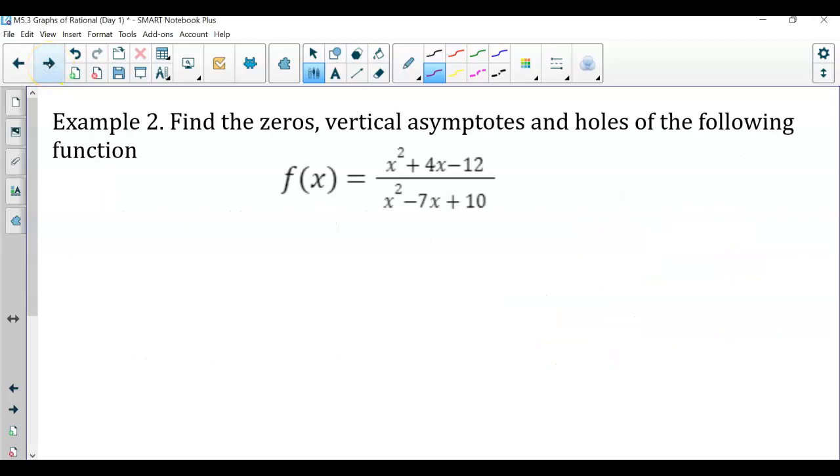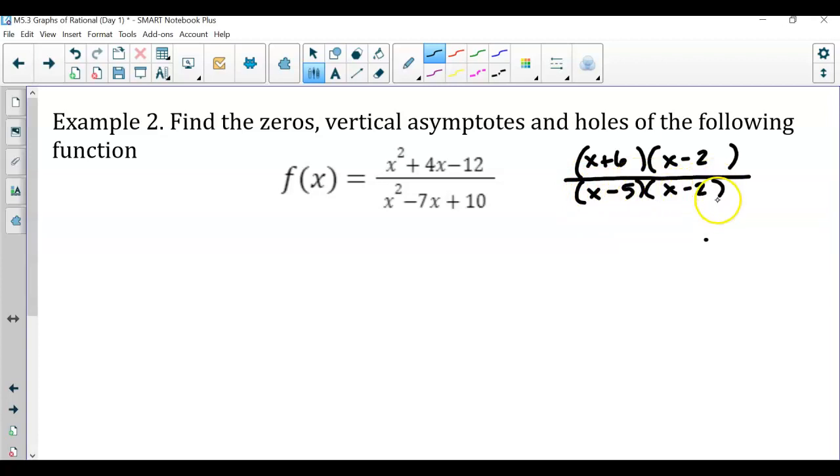Focusing here, the same thing again. Let's identify. Always focus on factoring first. So let's factor. Here I have x plus 6 times x minus 2 over x minus 5 times x minus 2. Now notice we do have a common factor.